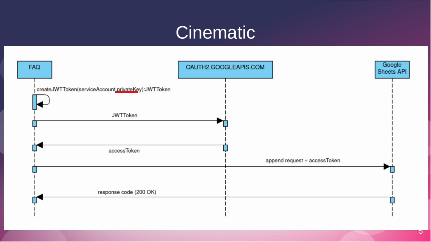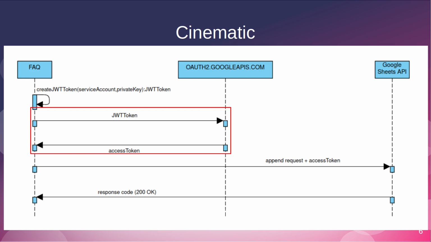We're going to use a library called GWT-CPP to create this token locally. Then we will make a call to the OAuth2 Google API with the GWT token provided, and it will hopefully respond with an access token. So it is that part.